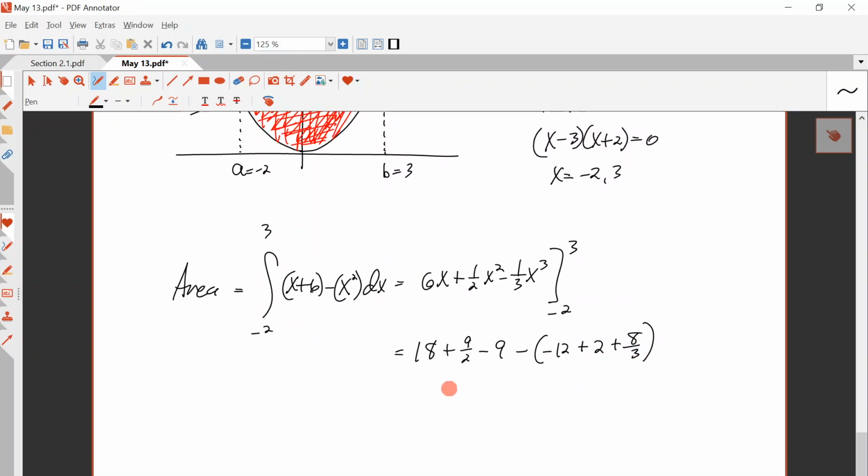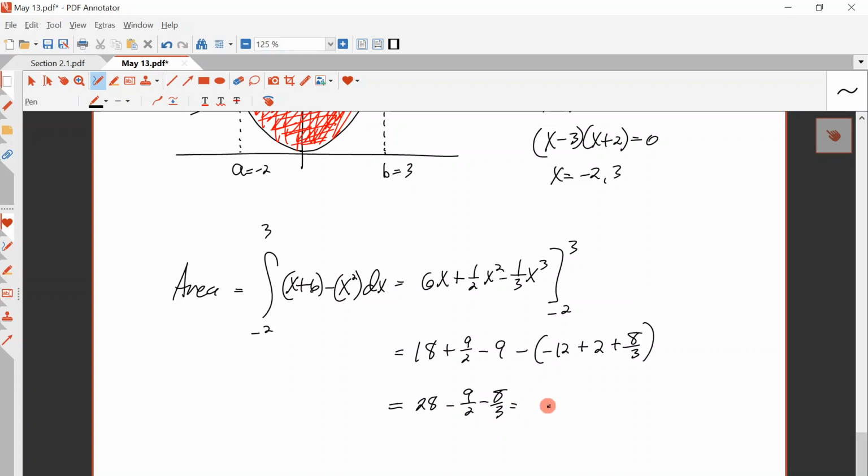Right? So we've got 18 plus 12 is 30, minus 2, 28. Minus 9/2, and then minus 8/3.